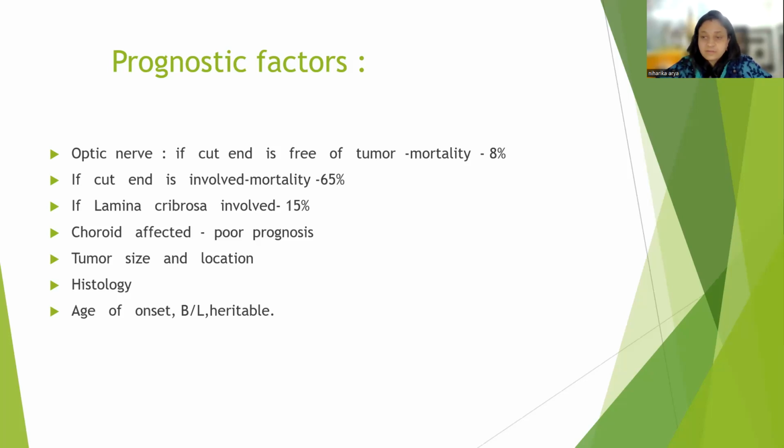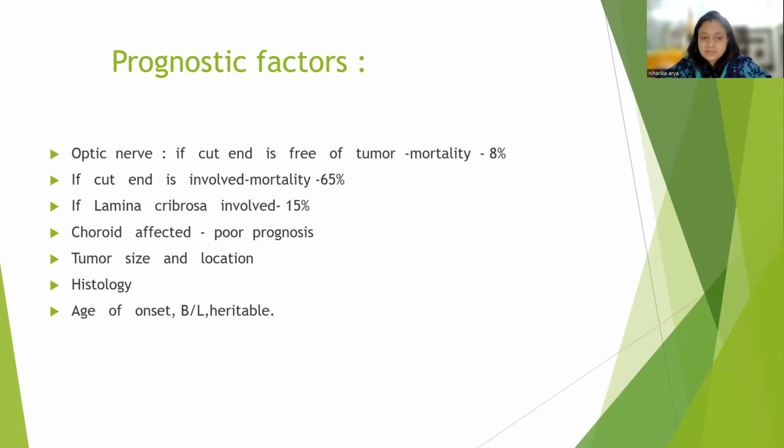If the choroid is affected, there will be a poor prognosis. If the choroid is involved in the retinoblastoma, that is, there is an extraocular extension, then there will be a poor prognosis. Tumor size and location are also prognostic factors.